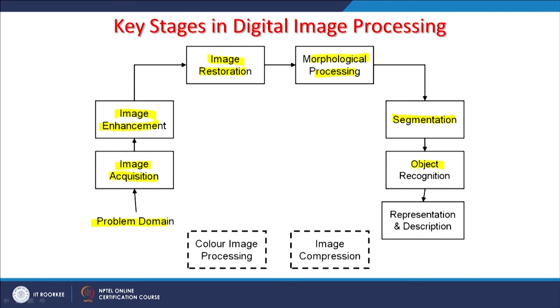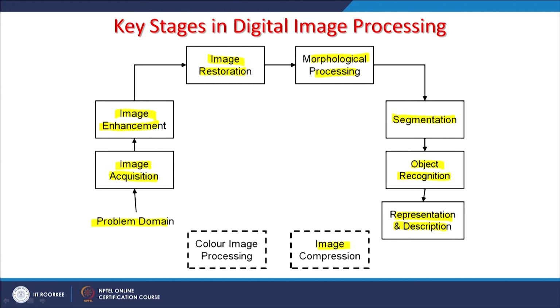Then maybe at higher stages of digital image processing, object recognition, which is at the stage of classification of images for certain purposes. So, computers are trained to identify different objects, recognize them and categorize them in different categories, and then finally representation and description.